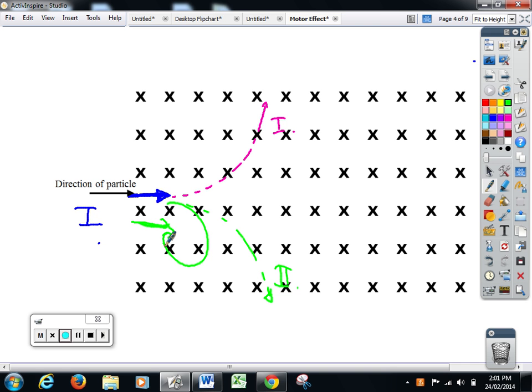So you have that one, and now we extend our F finger. And which way is our F? We are F'd up, aren't we? Okay? So if our F is going up, which of the two paths will it be? Path 1 or path 2? 1. Right. So this would be the shape of the path of a positive particle.